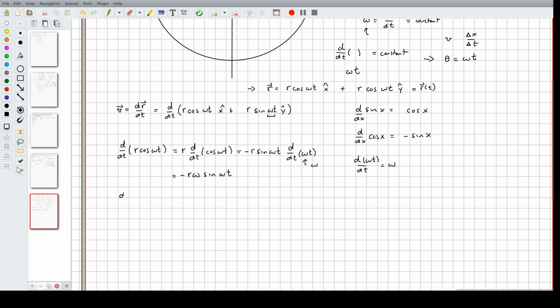If you take the derivative with respect to time of r sine omega t, following the same process, the r comes out, you're taking the derivative with respect to time of sine of omega t. The derivative of sine is cosine. The omega comes out.